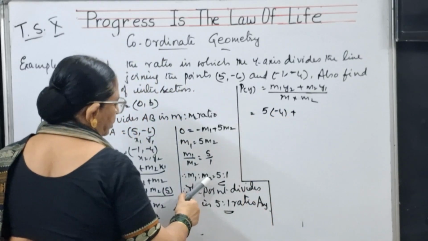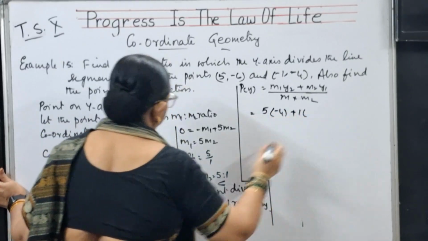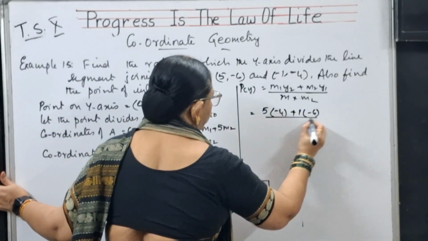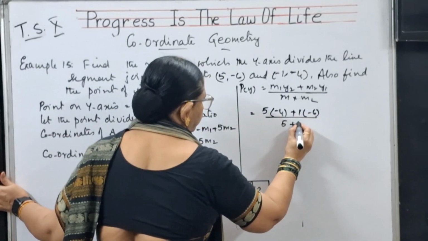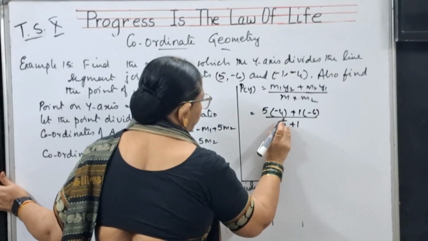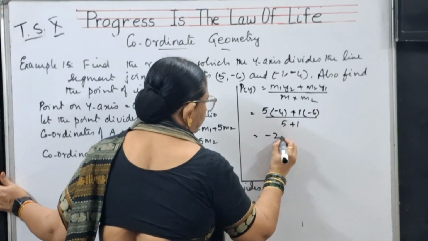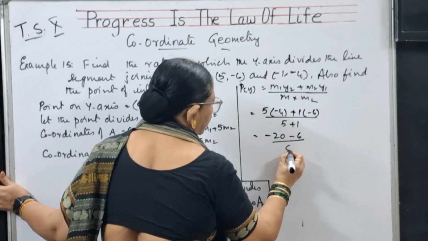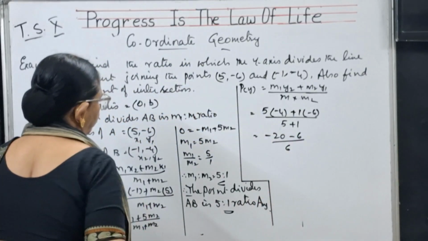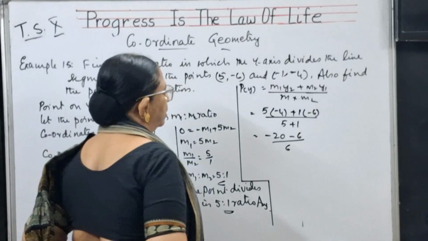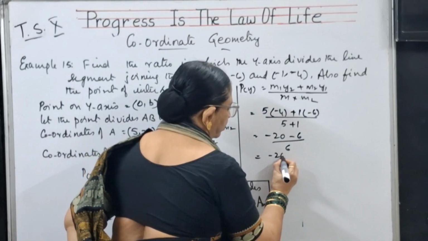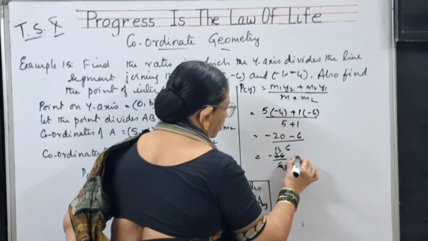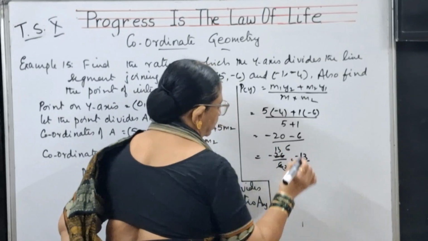Plus m2, which is 1, into what is y1? Minus 6, by m1 plus m2, that is 5 plus 1. So this is (minus 20 minus 6) by 6. This is 6 only, no? Minus 20 minus 6 by 6, that is minus 26 by 6, that is 2 13s are 26, minus 13 by 3.